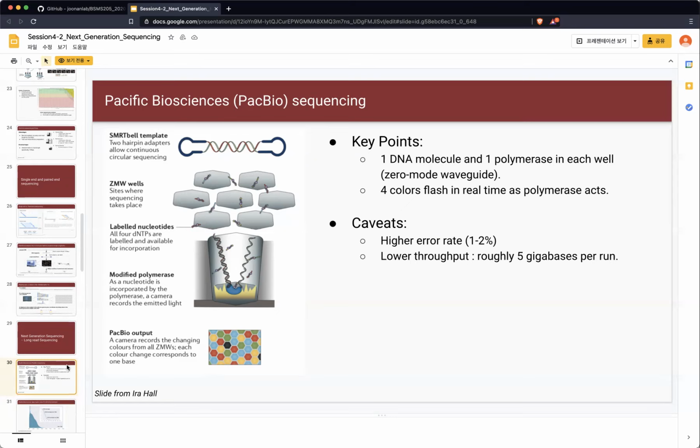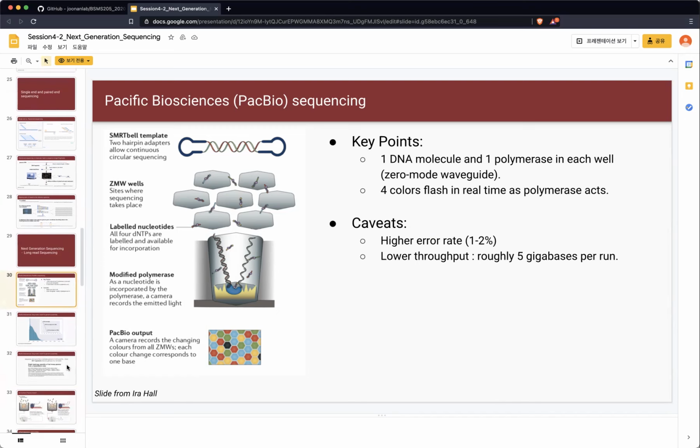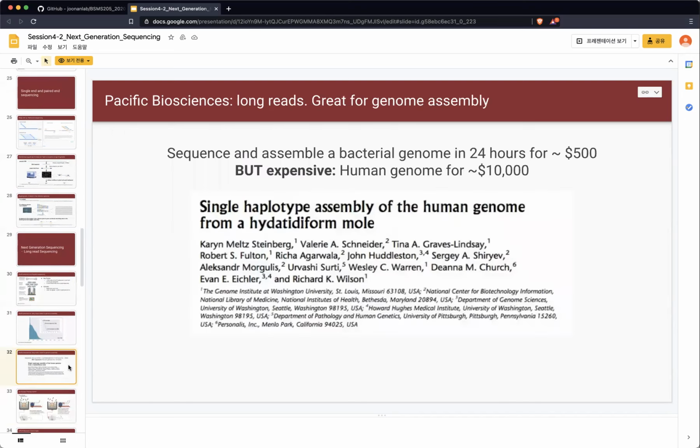But if you ask for PacBio sequencing for the run, it will cost $30,000, about 30 million won. So it's 10 times more expensive than Illumina sequencing. That's why PacBio is definitely good technology, but it takes some time for general use.